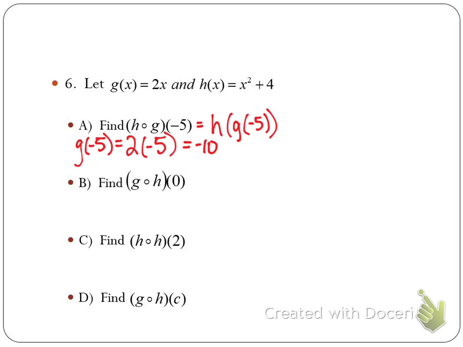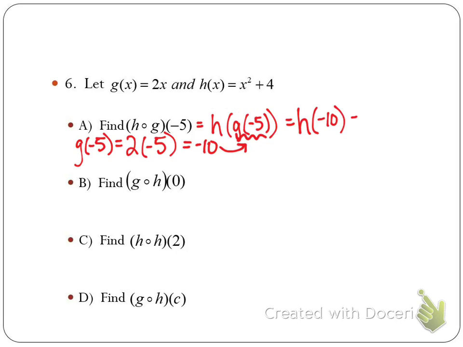Okay, so now we're going to use that number and replace the g of negative 5 with that negative 10. So this becomes h of negative 10. Are we okay with that? All right, so then we're going to rewrite the h function now.